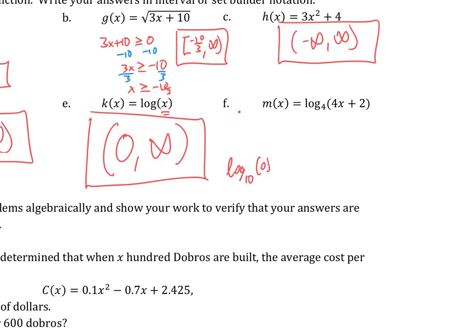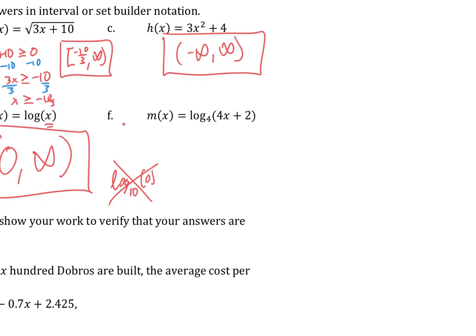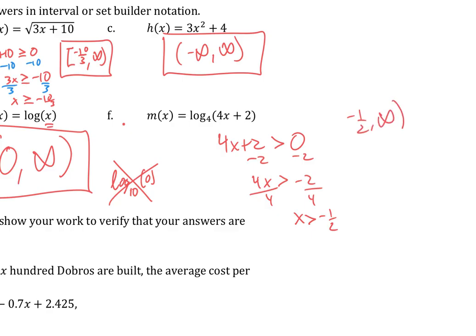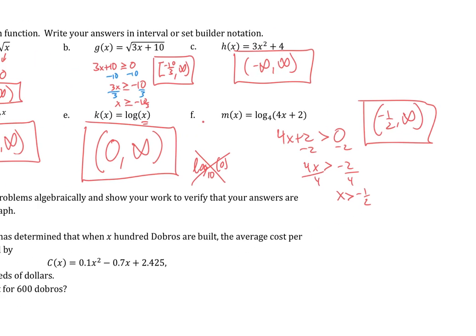There is no number you can put on 10 to get 0, so that's why we can't do that. So again, any logarithm, 4x plus 2, the stuff inside must be greater than 0. So subtract 2, divide by 4, x is greater than negative 1/2. So negative 1/2 to infinity, soft bracket, round bracket, okay?